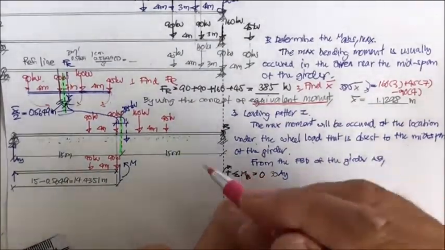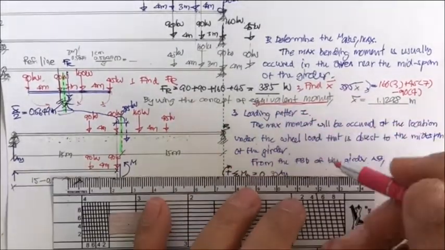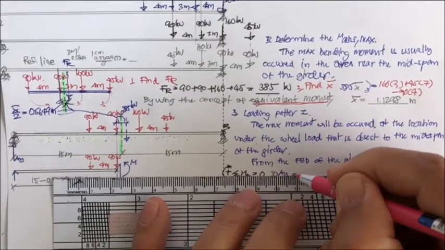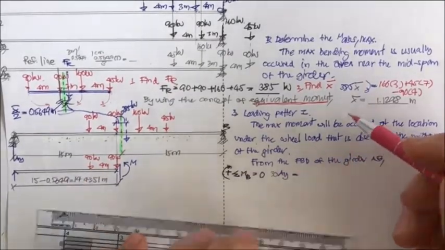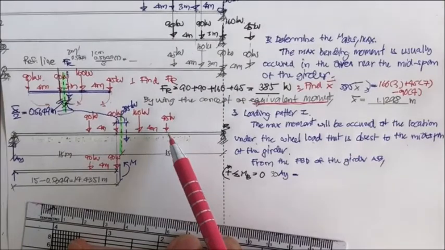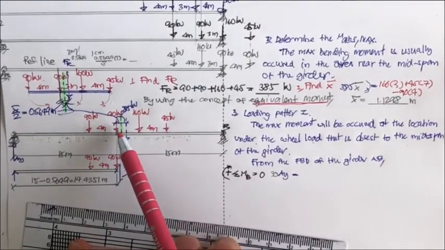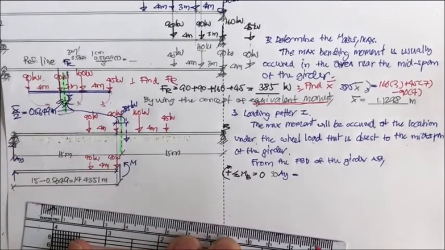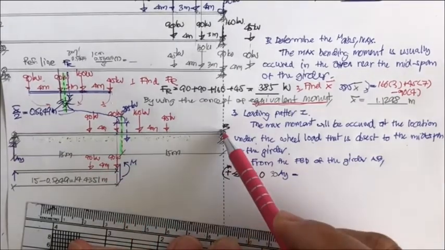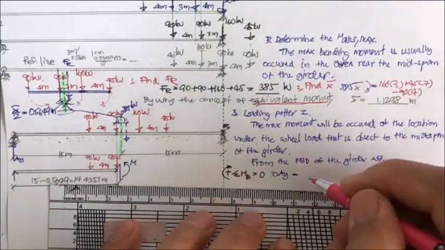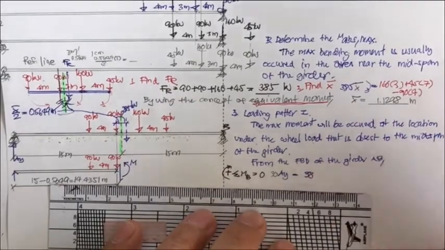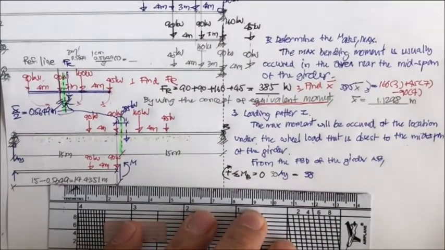And then we have a choice to compute the moment due to the moving load. Okay, you may use each of the moments of these 4 loads about B, or the best way is by using the concept of equivalent moment again.